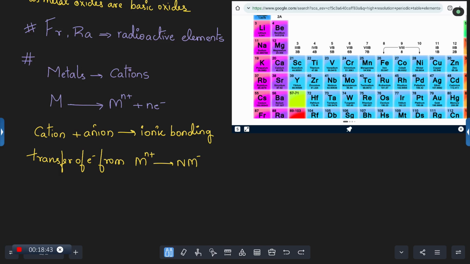If the electron is transferred from the metal towards the non-metal, then it forms ionic bonding. Typical example: Na+ and Cl- form NaCl. It's an ionic compound. What is the common name of NaCl? Common salt or table salt. That is sodium chloride.